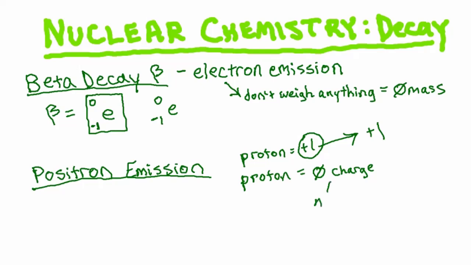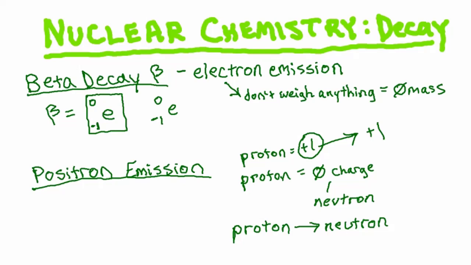Well, that would be the neutron, because neutrons have no charge to them. So positron emission is literally the proton giving up its positive charge to become a neutron.